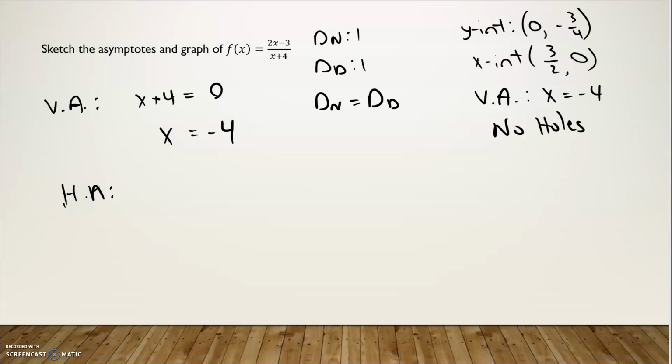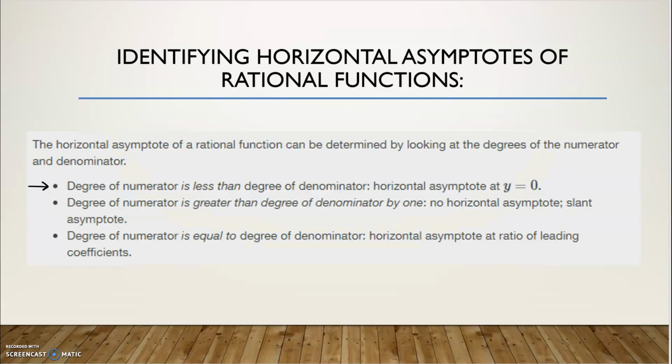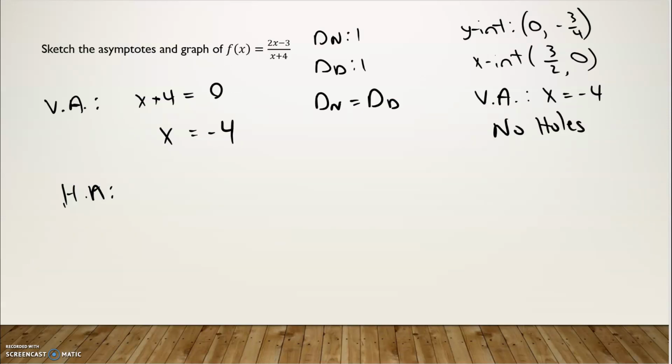If we go back to this slide, if they are equal to each other, then that means it's the ratio of the leading coefficients. So let's go back and see what their coefficients are. Looks like a 2 and a 1, so y is equal to 2 over 1, or y is equal to 2. So I have a horizontal asymptote of y is equal to 2.